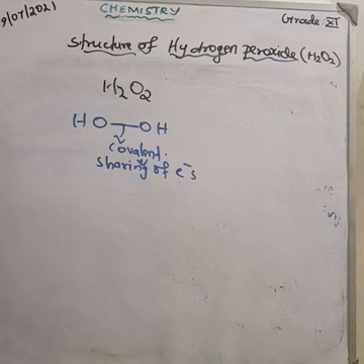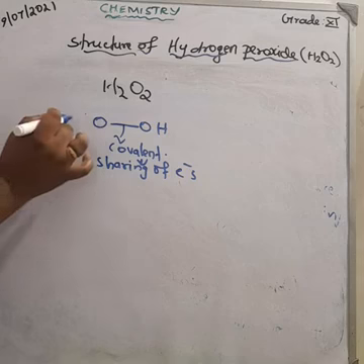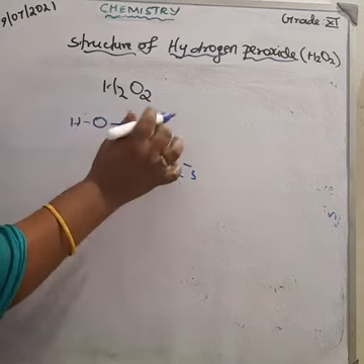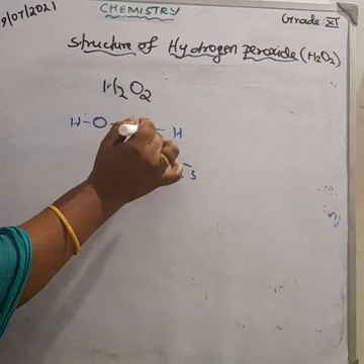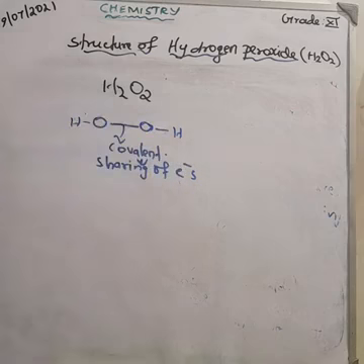Structurally, hydrogen peroxide is represented by the dihydroxyl formula, in which the two hydroxyl groups do not lie in the same plane.